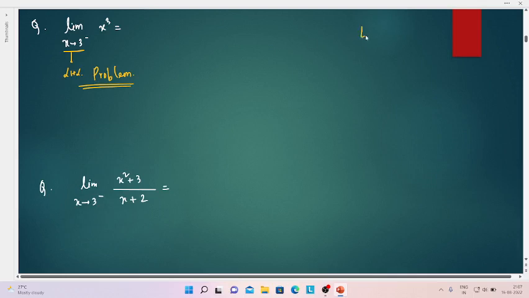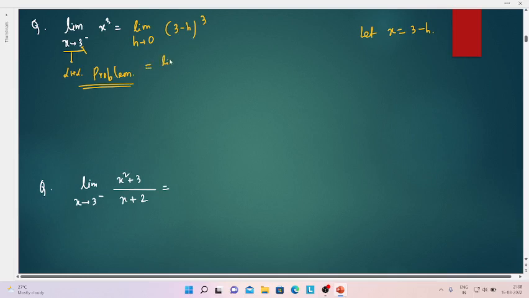So we let x equals a minus h, and here a means 3, so we take x equals 3 minus h, right? So the limit becomes limit h tending to 0. Here the function is x cube, so we put x equals 3 minus h. Then the function becomes (3 minus h) whole cube, right?